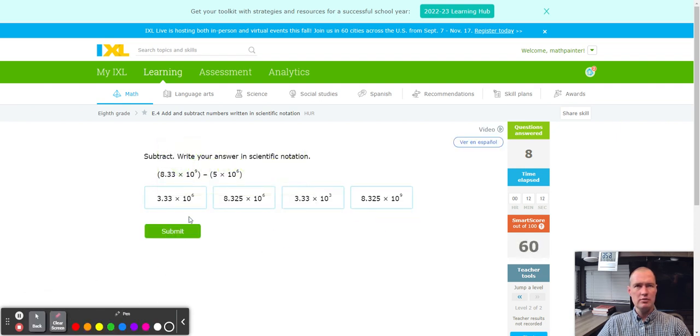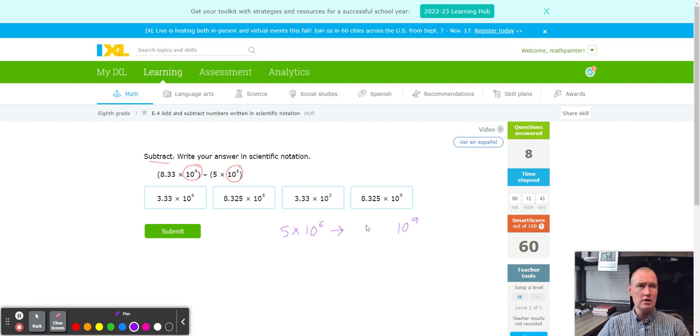All right, next we have subtraction, and we have exponents that do not match. We got 10 to the 9th and 10 to the 6th power. Definitely not close. So let's take the second one, 5 times 10 to the 6th power, and let's move the decimal place over a total of 3 times to get to 9, because we're trying to match the 9s.